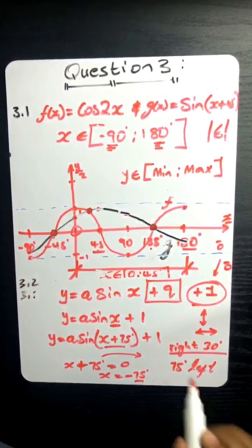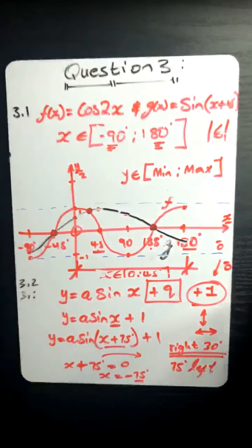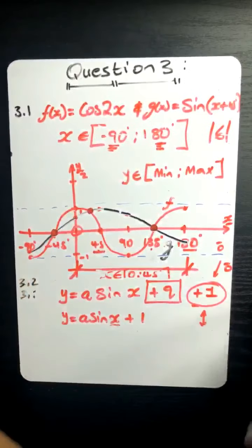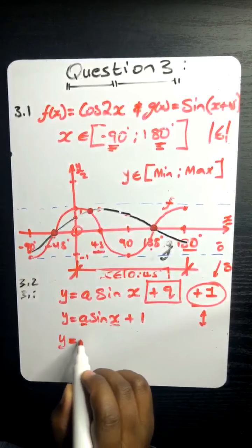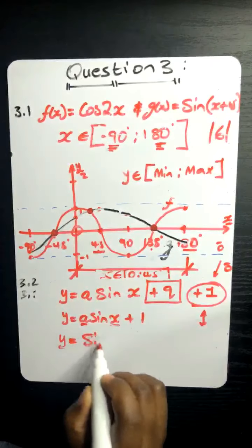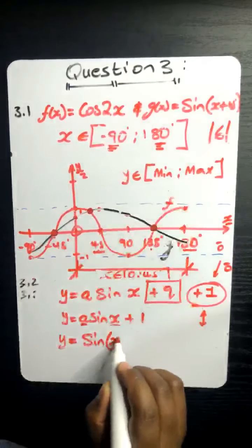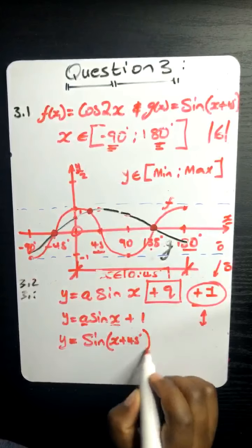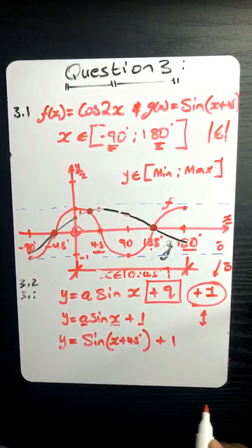But in the question they said to the right by 30 degrees. If it shifted by 30 degrees to the right, on the equation, what was a? It was just an invisible 1, and then we had sine of. From the original equation we already have x plus 45 degrees as the angle. They said it shifted by 1 unit upwards.